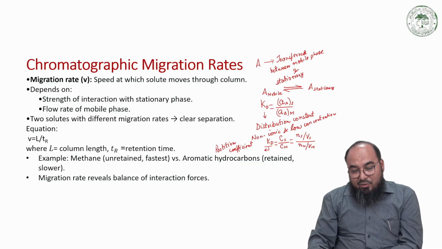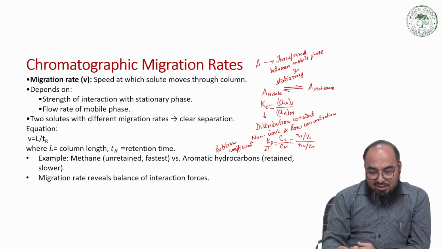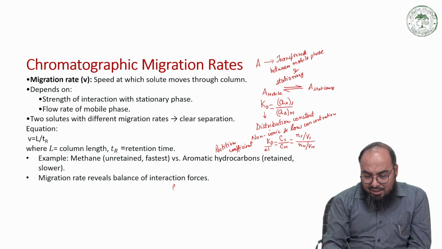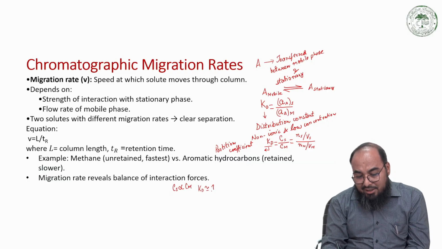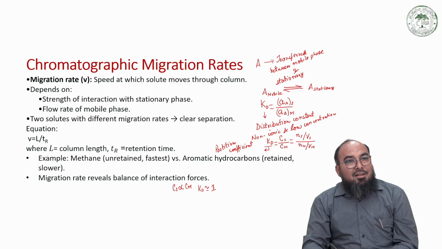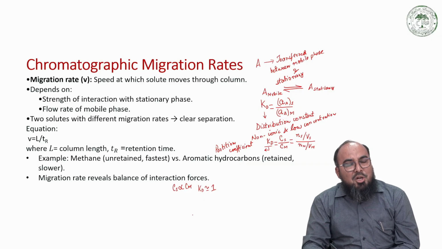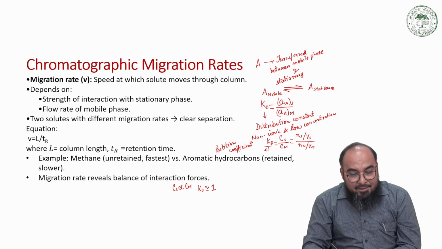Now, for example, suppose that in certain cases CS gets proportional to Cn, then we can have the KD value equal to unity. This implies that the concentration remains constant for a very long range.